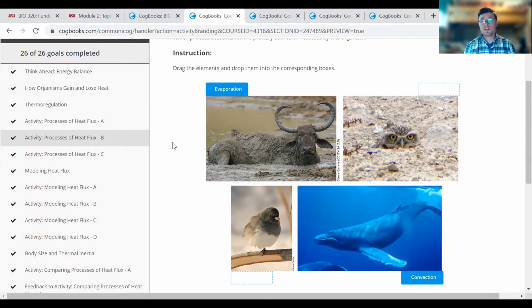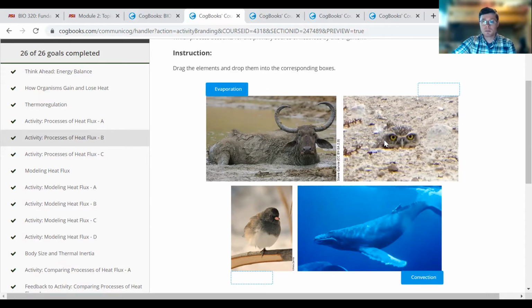Does an animal lose energy via evaporation or gain energy? He loses energy. Yeah, and we made the argument that this animal is warm, so it's likely going to be evaporating a lot of water to lose energy. So I would agree with evaporation here.